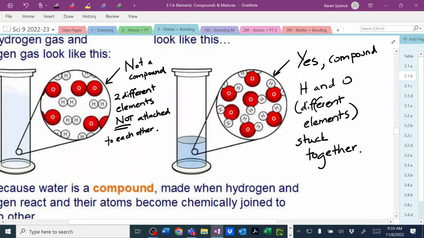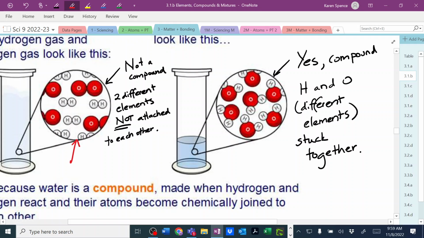Do I have molecules in this first sample on the left? Are there molecules? Yes, because we have little atoms that are stuck together, but they're the same, so they're not a compound.